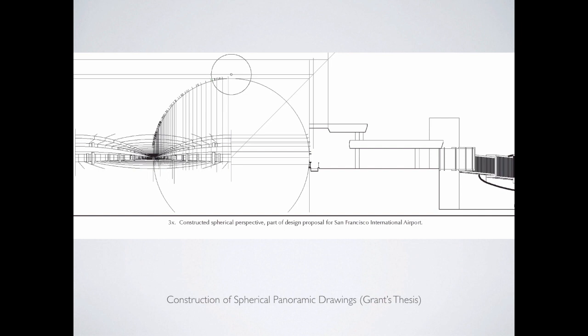As part of the thesis, I had to learn how to draw this kind of a panorama. Has anybody learned how to do two-point perspective? You guys maybe learned that at some point. This is like two-point perspective but instead of passing lines straight, you're passing through a curve because it's warping the image. So I ended up having to do the drawing. This is all manually done. It wasn't rendered or anything, but I had to do the drawings on the computer because there were so many different lines to keep track of.